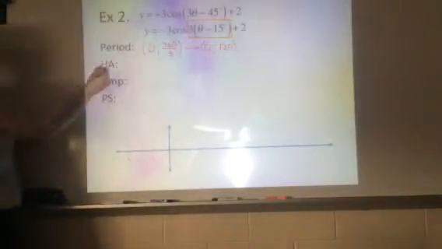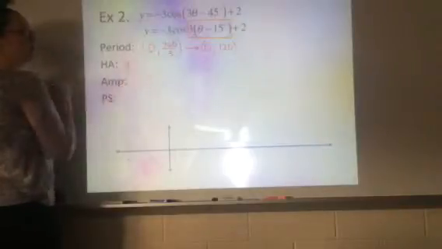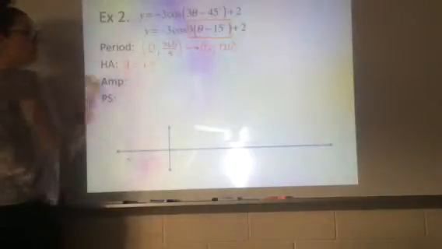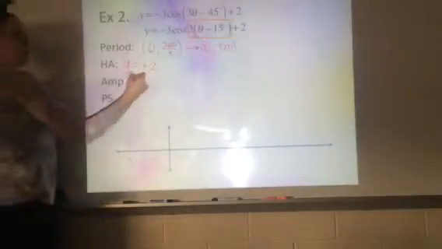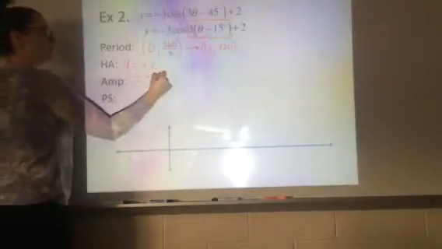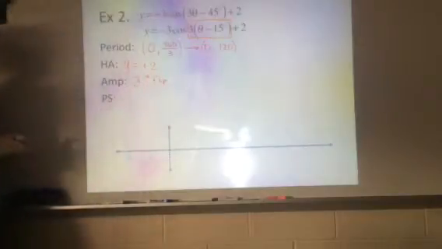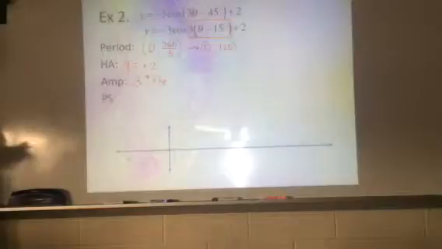What's my horizontal asymptote? y equals 2. What's the amplitude? 3. But don't forget we're going to have the flip of the graph because it's a negative. If you wrote -3 here, I wouldn't mark that wrong. The -3 would incorporate the fact that you were doing the flip.